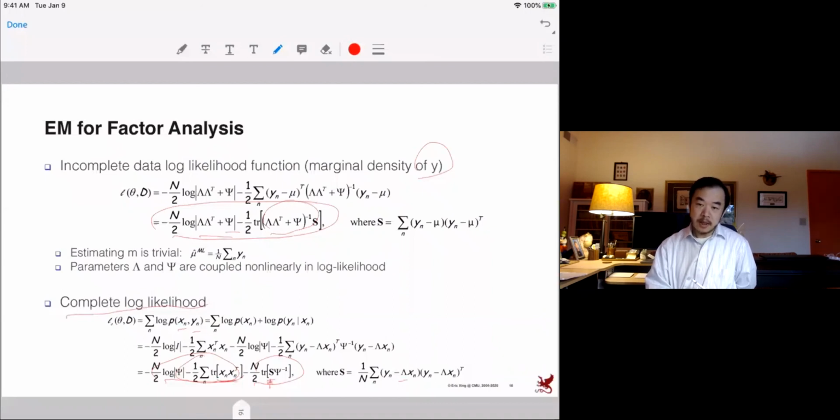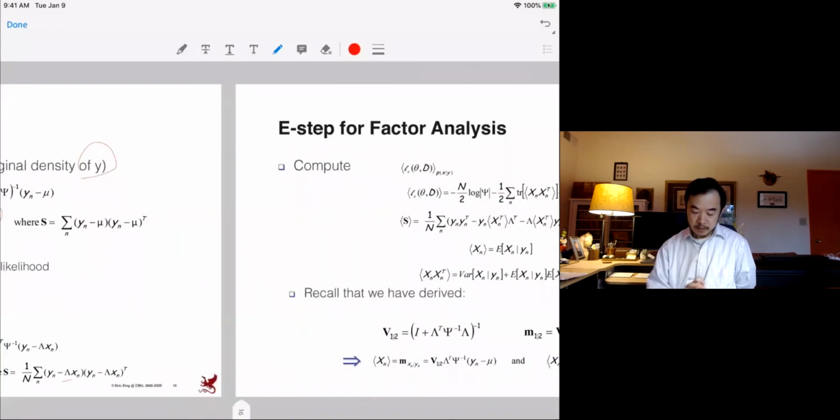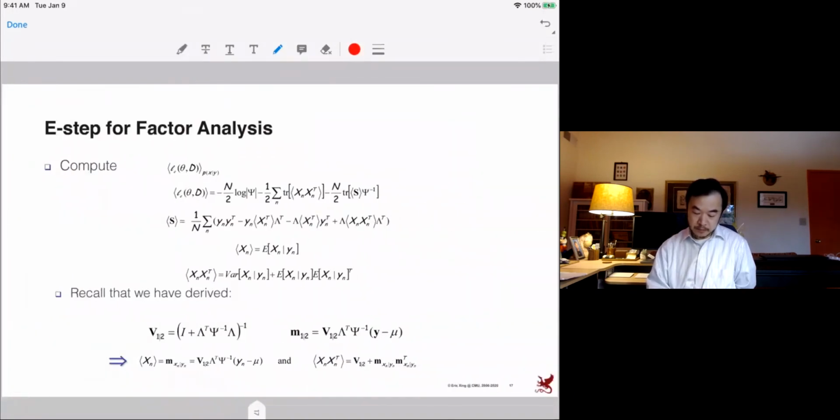So in our EM trick, you probably remember, we replace these random variables with their expectations by putting an angular bracket around them. Therefore, the expected complete likelihood can be easily computed by replacing this term and this term with their expectation.